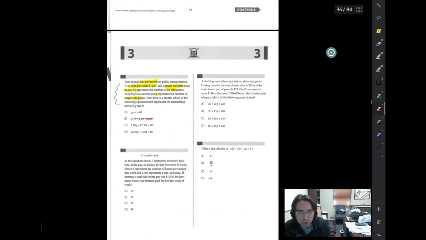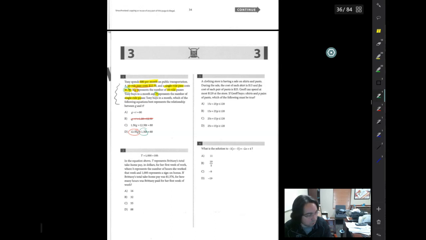The 10 ride pass is associated with 12.50, which is represented with the G here, so 12.50G. The $1.50 single ride passes go with T, which is represented right there.